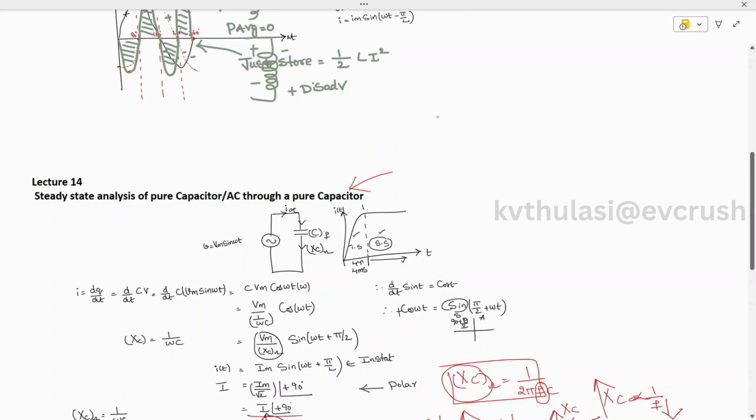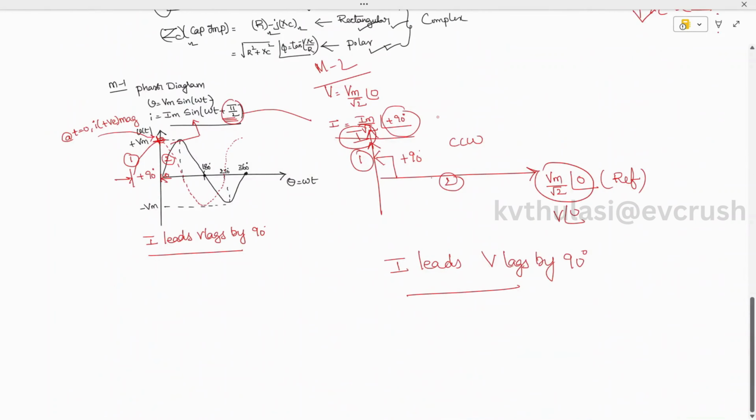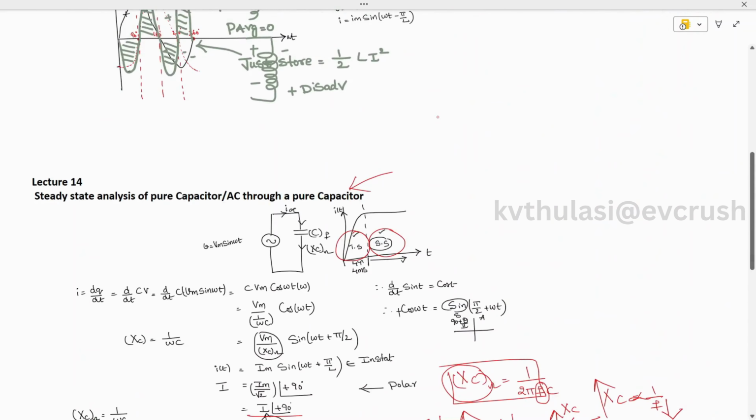This is the behavior of a capacitor under transient state as well as under steady state. Let's see one more concept, the behavior of a capacitor under steady state condition. Whenever we give a DC supply to our capacitor, what happens? We have the formula, current I is equal to C dV by dt.